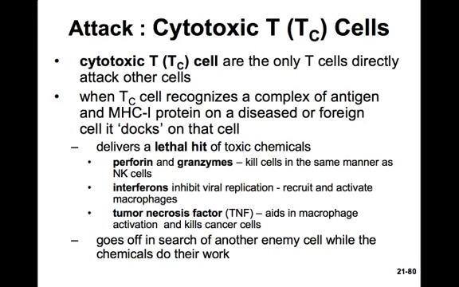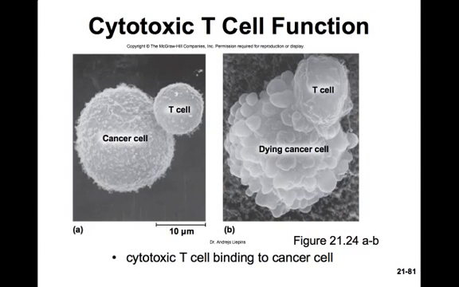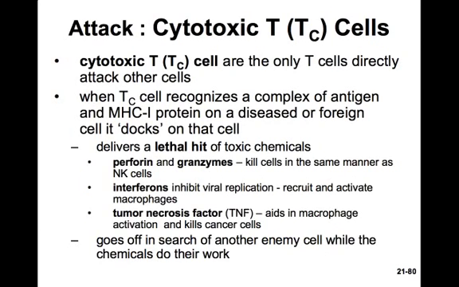So the T cell docks, delivers its lethal hit of this cocktail, and then runs off in search of another enemy cell while the chemicals do their work. Here we can see a cytotoxic T cell attacking a cancer cell. After it injects all of its lethal hit chemicals, the cancer cell will die. And then the macrophages will come along and gobble up the pieces.